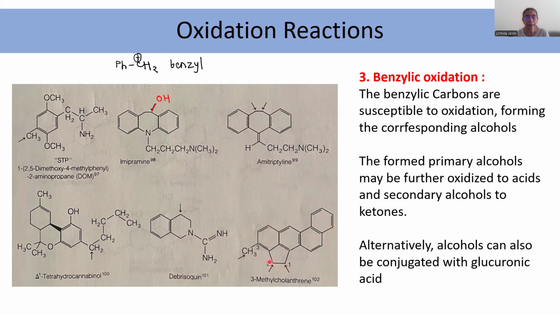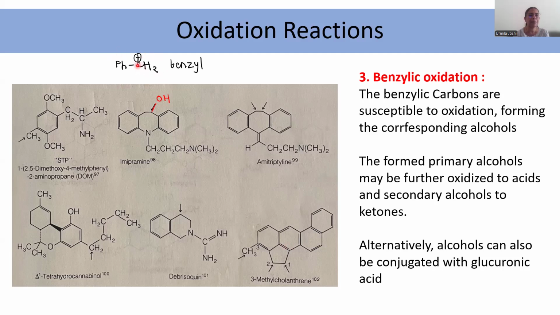Here also, either at this position, because this is a benzylic position, this carbon is directly attached to the aromatic ring, or this position, carbon is attached directly to the aromatic ring. Such benzylic carbon positions are very easily oxidized, and during this oxidation, what is attached directly is the OH group at the benzylic position.